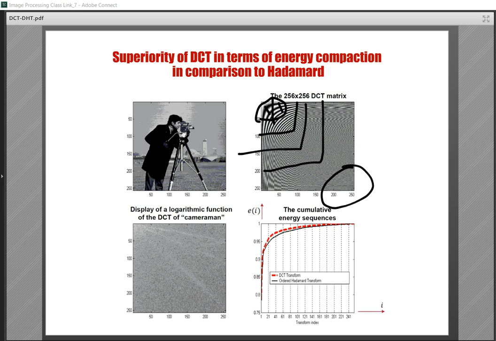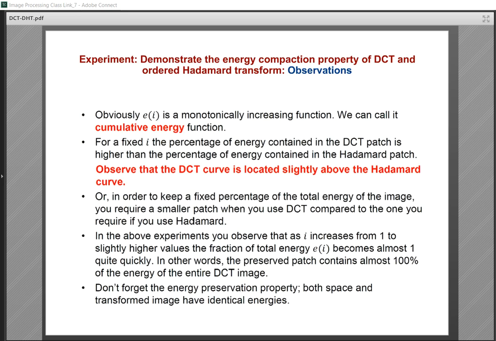You see here, for example, from 256 components, you can use only about 20 or 40 components, and you reach more than 90% of energy, near total energy. In other words, the preserved patch contains almost the total energy of the DCT image.